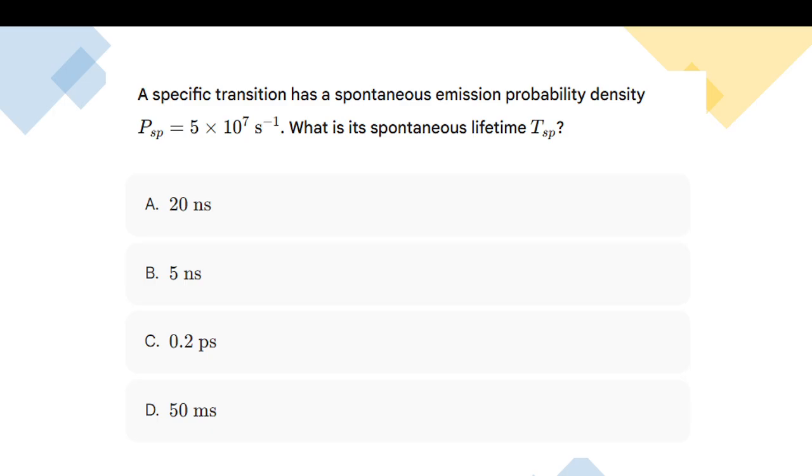As you know, the lifetime TSP is nothing but 1 by PSP.